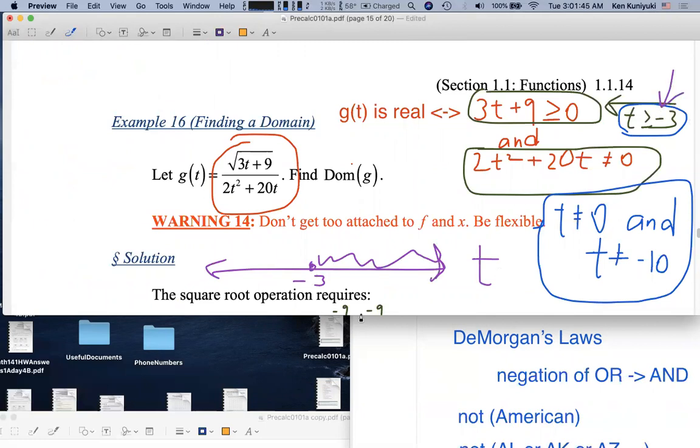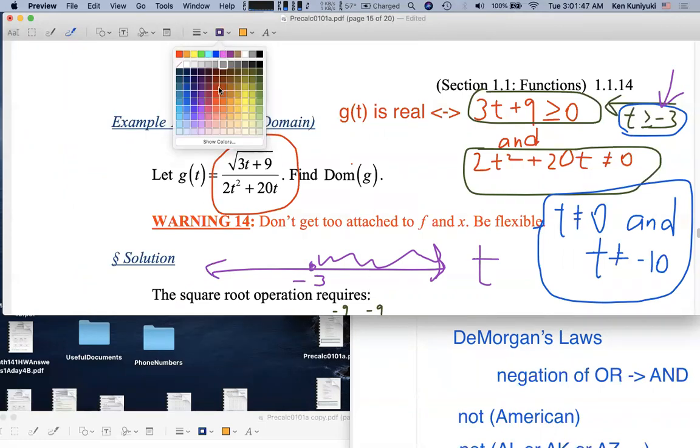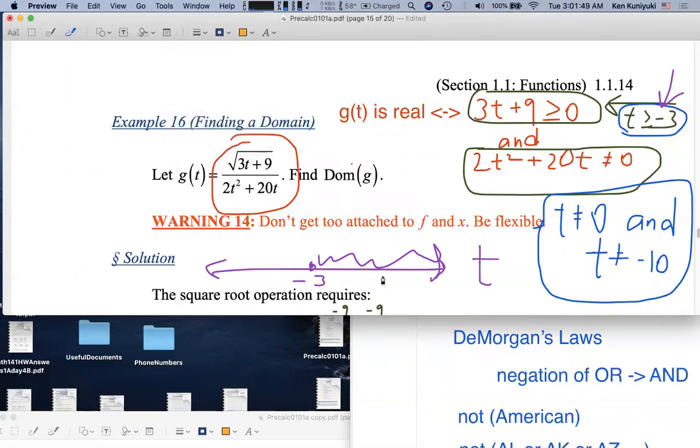But t cannot be 0. So that means we have a hole at 0. We want to skip over the 0. And a hole at -10. But wait a minute. -10, that's already out. That's not in this purple shaded region anyway, right? -10 is not at least -3.